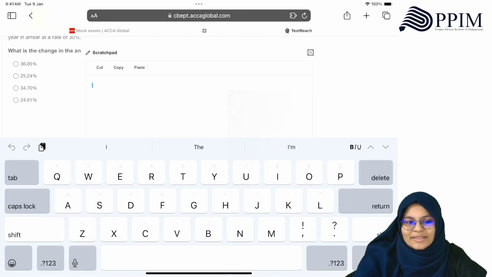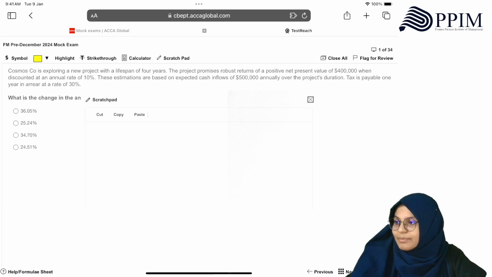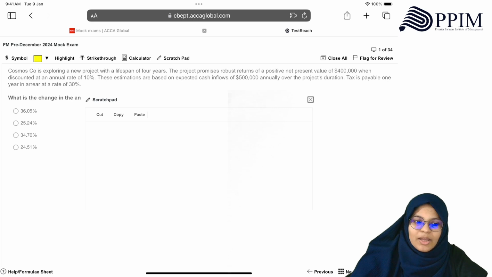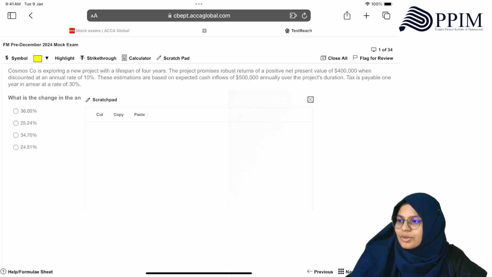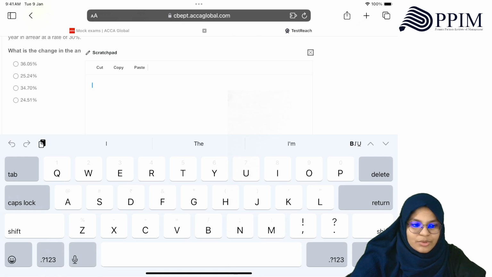Scratch pad, this is actually important, especially in a situation where you don't have pen and paper, right? Now, most of the time you don't get, okay, but you can request for it. But in case, worst case scenario, you don't get it. Now, when you're doing MCQs, you can't do workings in your head, no? Okay, obviously it's not possible. You need paper, right? So, in case you don't have that at your disposal, then you can use what is called this scratch pad.